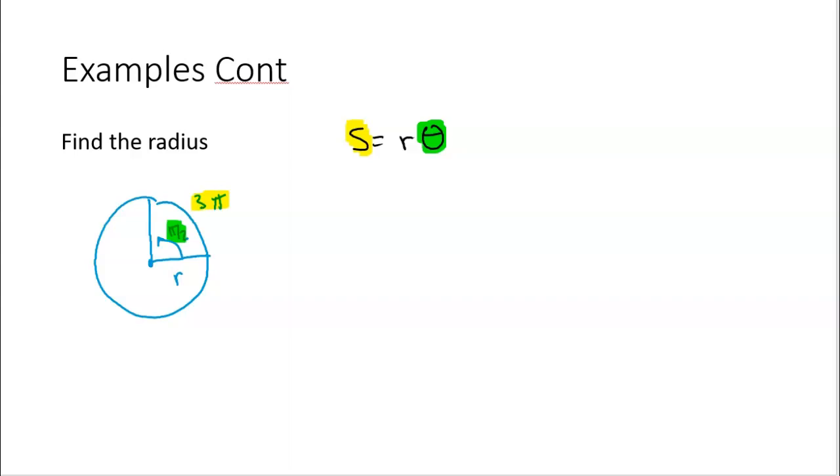So I'm going to plug in what I do know. I'm going to say 3 pi is equal to R times pi over 2. Now this one I could use a calculator for, but I don't necessarily need to. I can just multiply by the reciprocal.